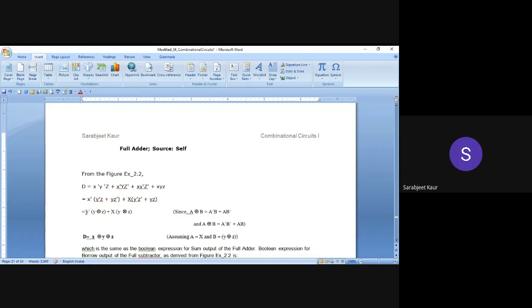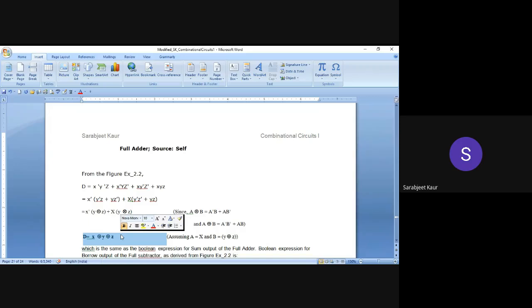So if we put A equal to x and B equal to y XOR z, then my expression turns into A XOR B. Putting back the values, we get difference is equal to X XOR Y XOR Z.